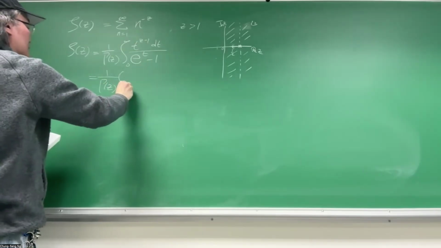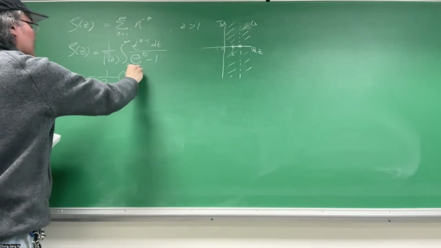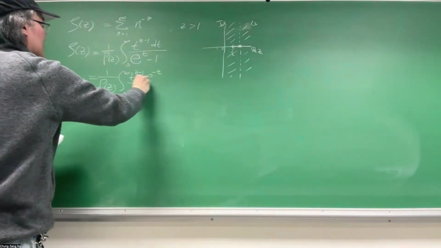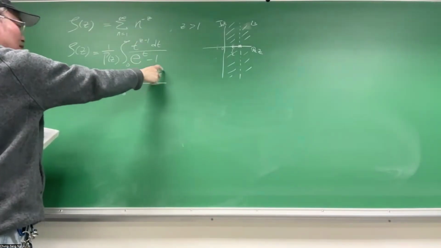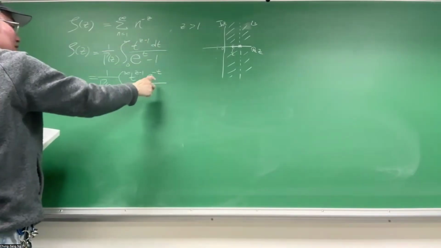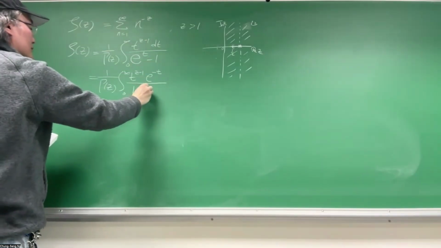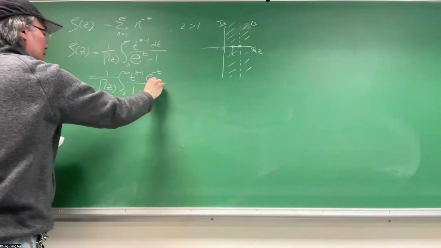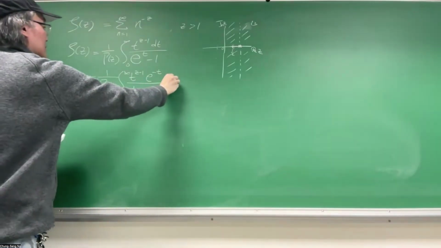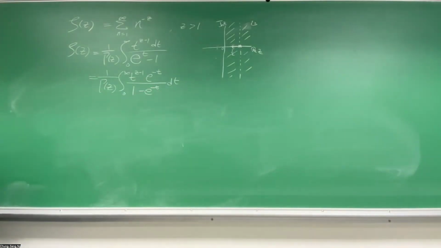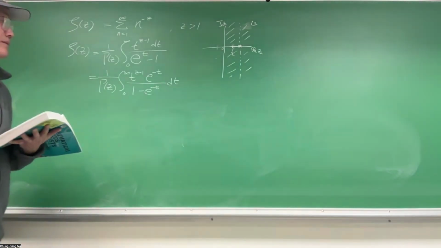So we multiply e to the minus t to both numerator and denominator, and this factor becomes 1, and this term becomes e to the minus t dt over 1 minus e to the minus t.